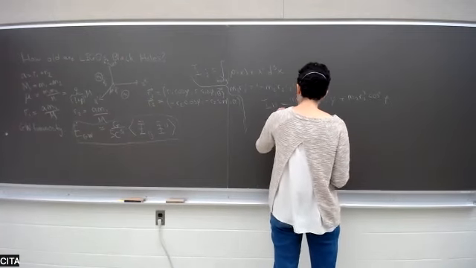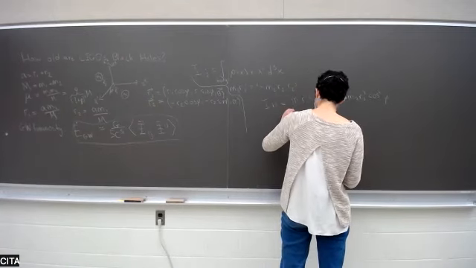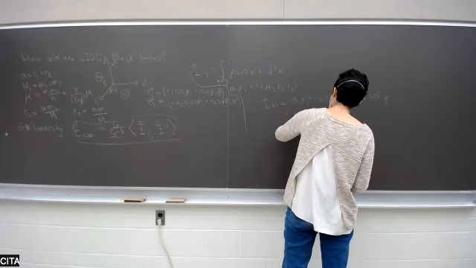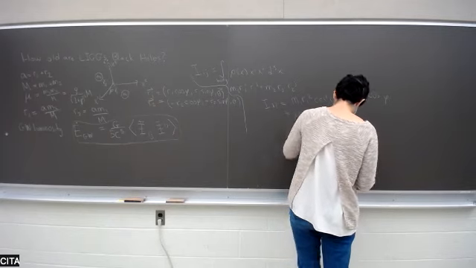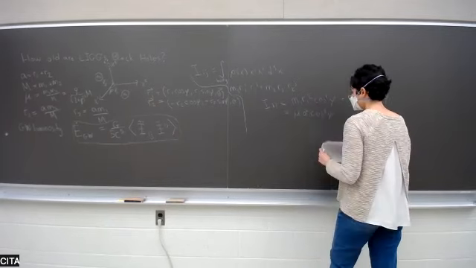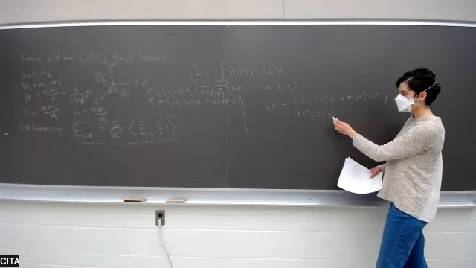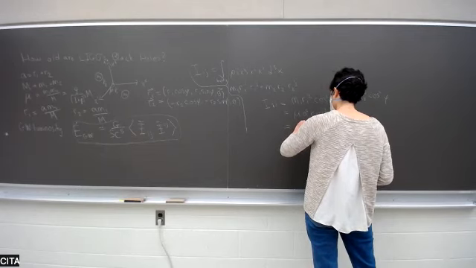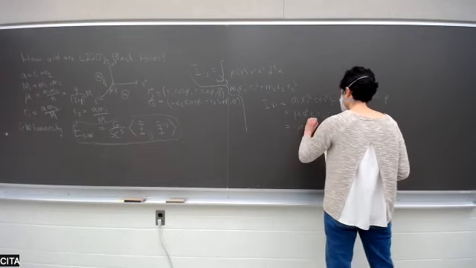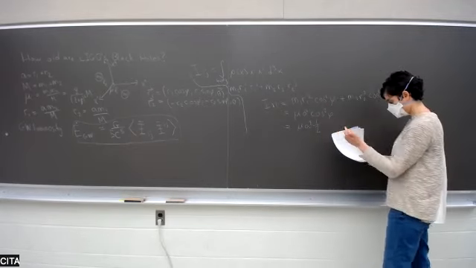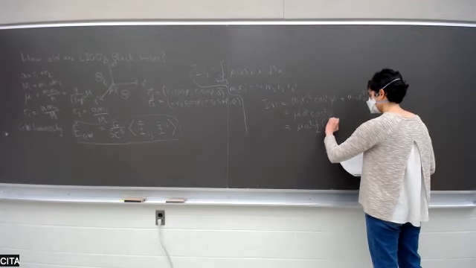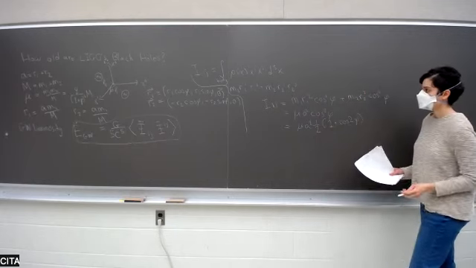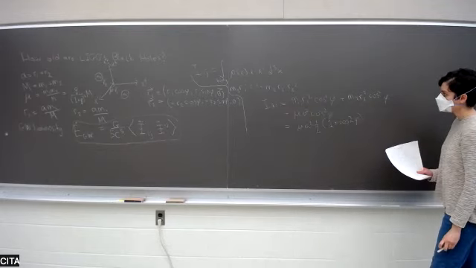So you can get this to be mu a squared cosine squared phi. And now using trig identities will be useful when we add everything together. Cosine squared is one half, plus cosine 2 phi. Okay, so that's the 1,1 component.